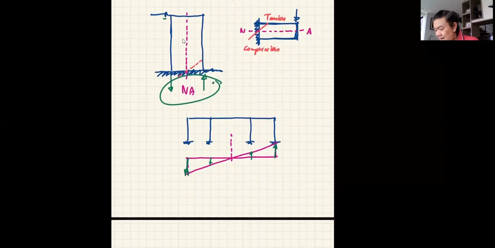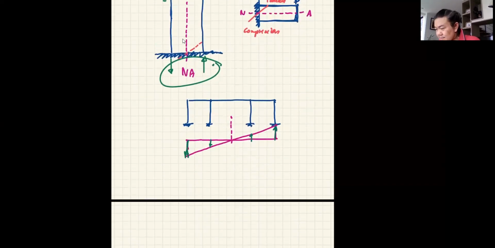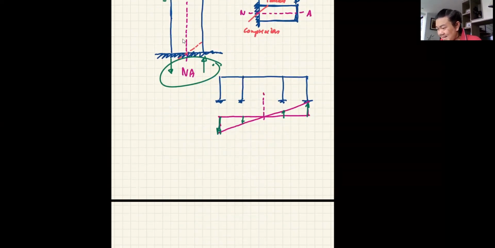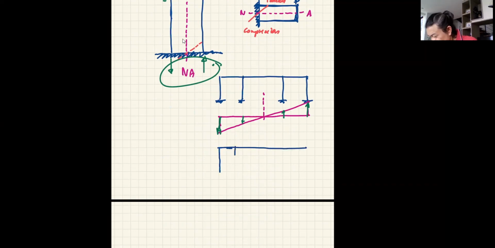And let's say if you run into something that is not symmetric, like this, say some architect will require, hey, can you do this for me? Say make it extreme like that, okay? Now we don't know where the neutral axis is, but I hope you can calculate the neutral axis, right?